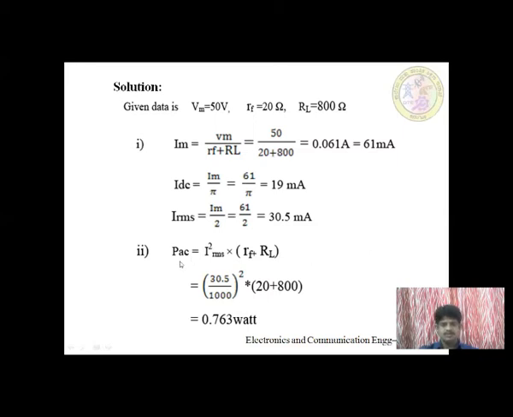Next, we have to calculate the AC power. The AC power equation we already discussed: I square RMS into RF plus RL. So we are going to substitute the RMS value.